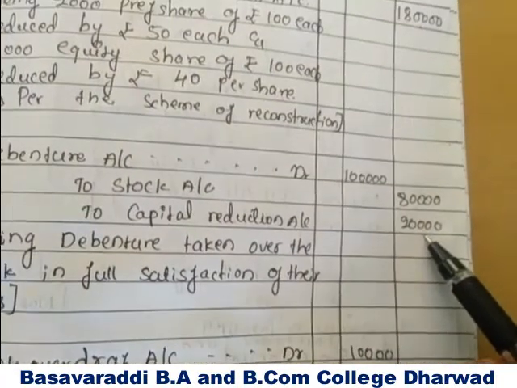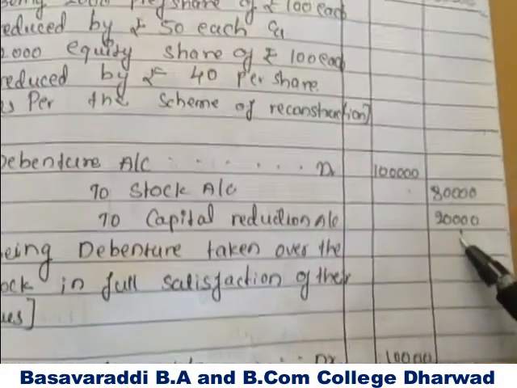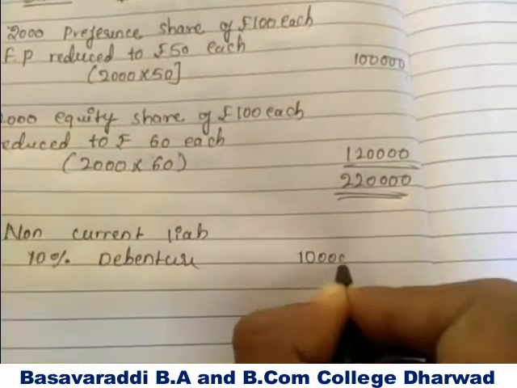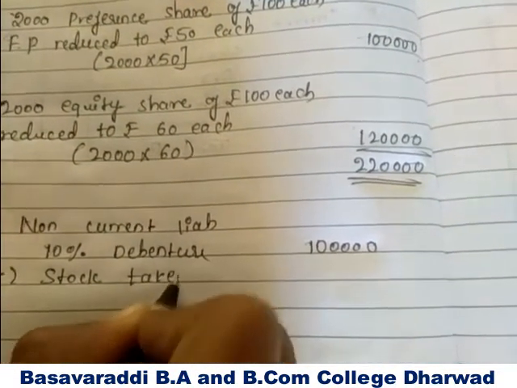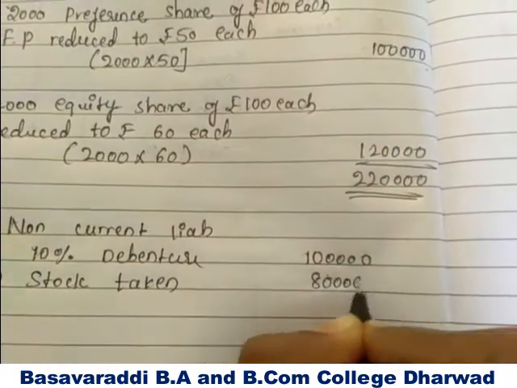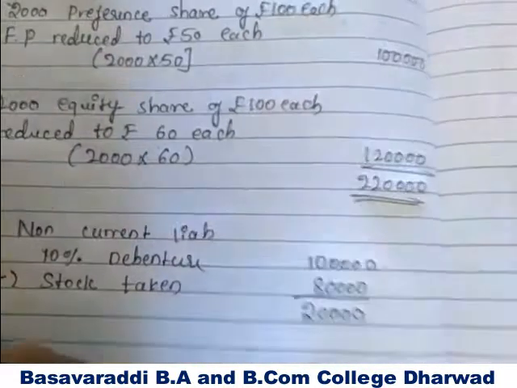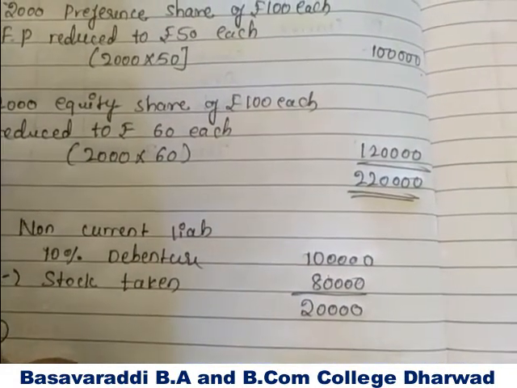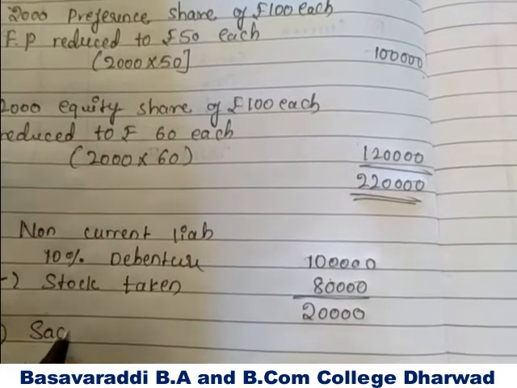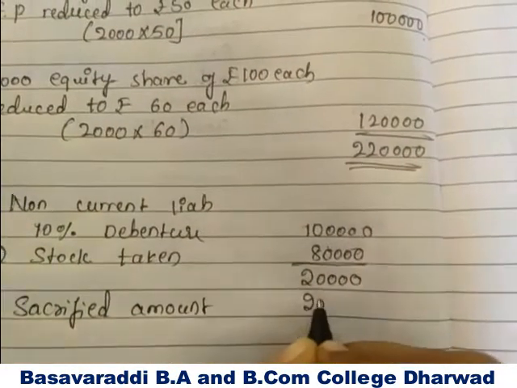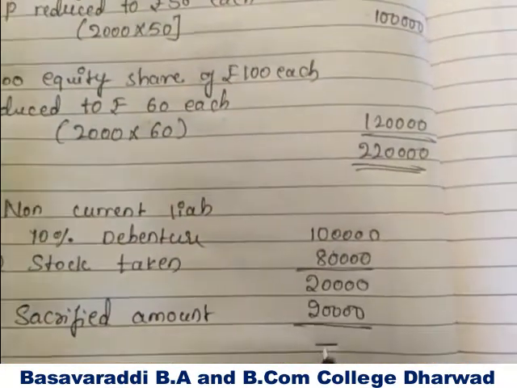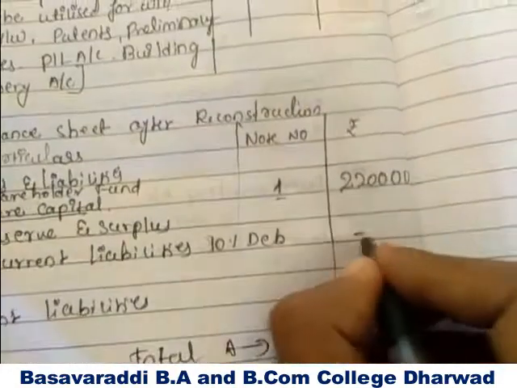What did we do? We transferred it to the capital reduction amount. That capital reduction amount we utilized in the journal entry. Total debentures 1 lakh less stock taken 80,000, difference amount 20,000, the amount sacrificed by the debenture holder. Sacrificed amount is equal to 20,000, 20 nil. Now the debenture amount is nil.